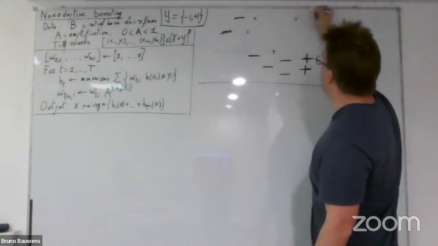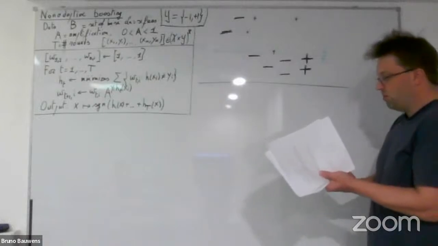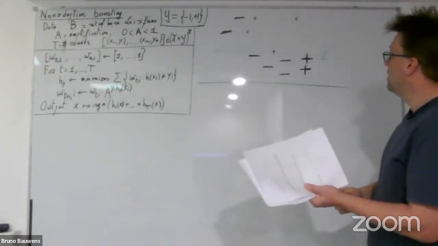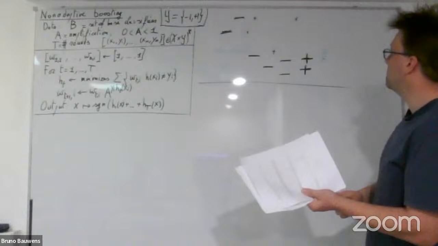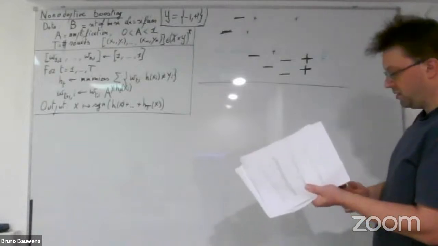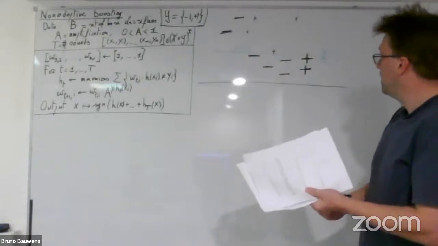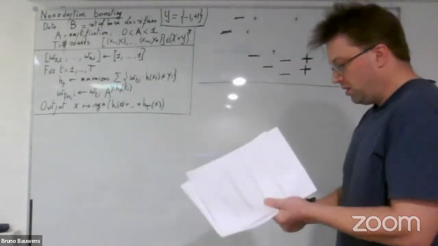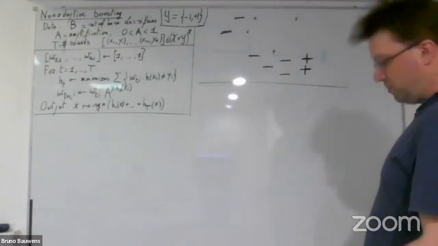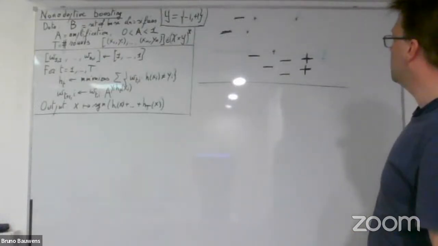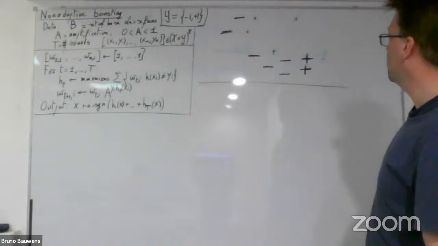And let's do one more boosting round. Are there points that are twice wrongly classified? No, no points are twice wrongly classified. And so now a third classifier could be, let's think a little bit, where could the third classifier be?